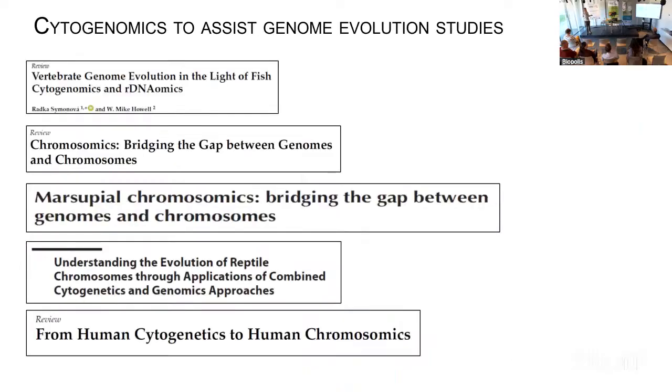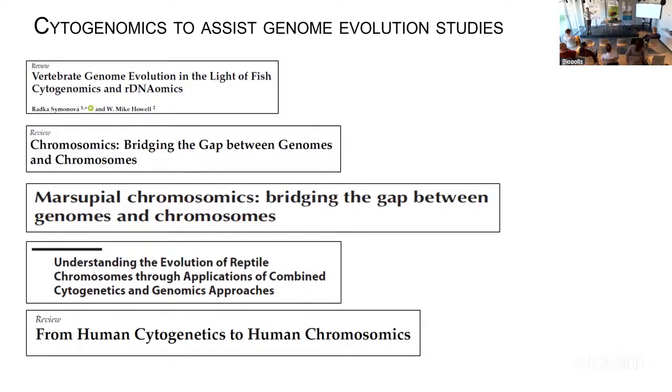As I said, a cytogenomic approach can be used to assist genome evolution studies. I don't have the time now to show you examples about the evolutionary studies in which cytogenomics gave a big contribution.